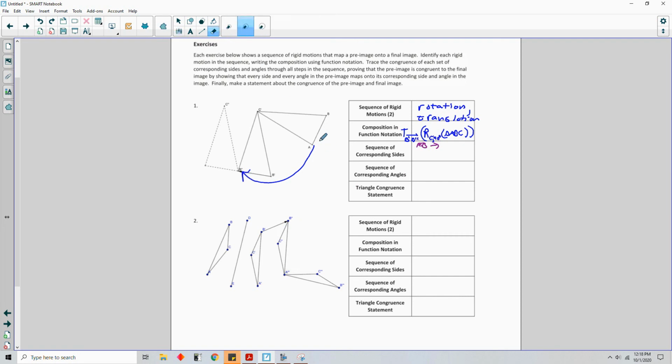So before I go any further, let's do this. To get this from here to here, notice I have a B here and a B prime here. A, well, this would be A prime, and this would be C and C prime, because it's a rotation about C. So AB became A prime B prime.